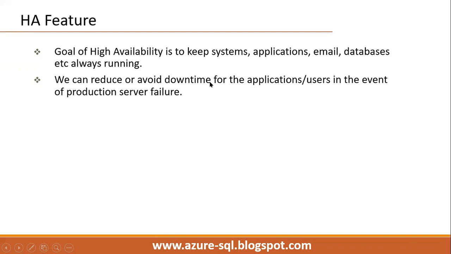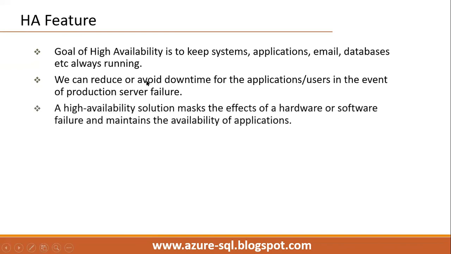We can reduce or avoid downtime for the applications or users in the event of production server failure with the help of high availability features. Microsoft officially defines high availability.